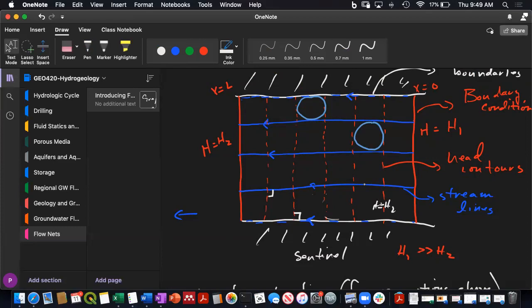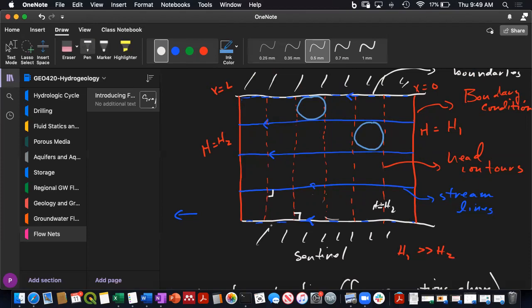But you're going to have to vary them. All right. And this is part of the frustration and the art of making a flow net, is trying to decide how you sort of get started. For me, it's easier to think about a streamline because I can look at the head at one boundary and the head at the other boundary and tell you, oh, H1 is bigger than H2. And then I can say, well, the water is going to be going from here to here.